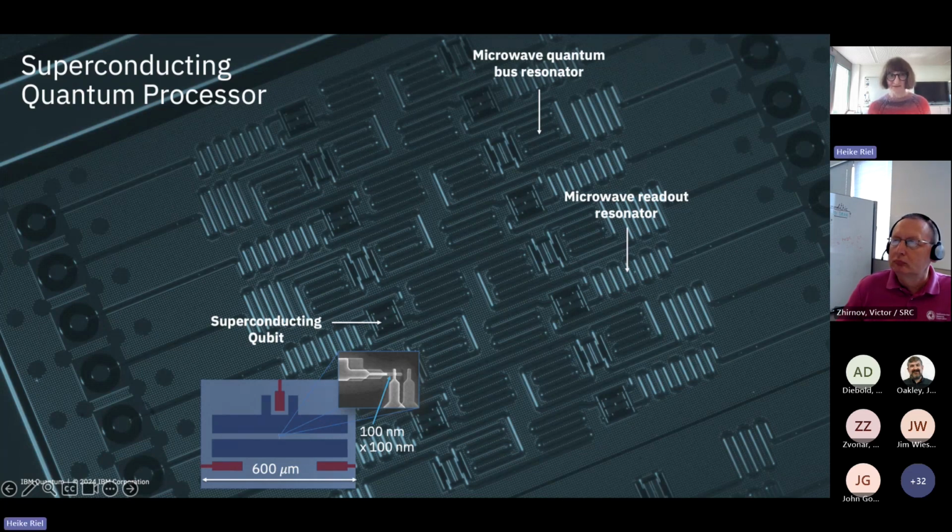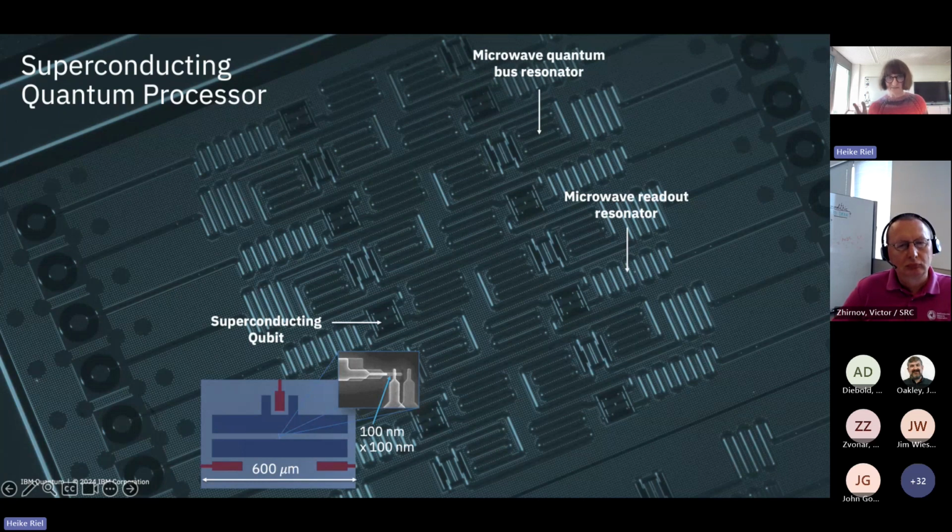device, because you have a sandwich of a superconducting metal, an oxide, and a superconducting metal. Often what has been used is aluminium oxide and aluminium, and then you have shunt capacitances here in order to reduce the charge noise, and the junction is in the range of about 100 times 100 nanometers.